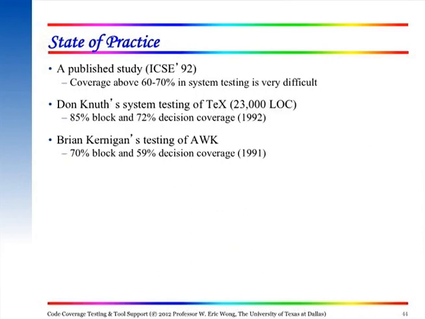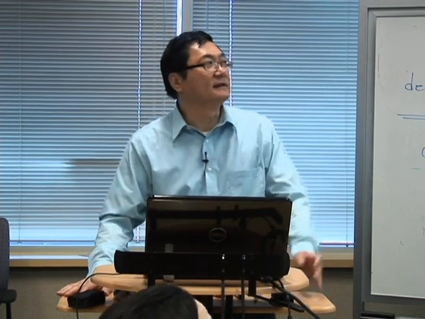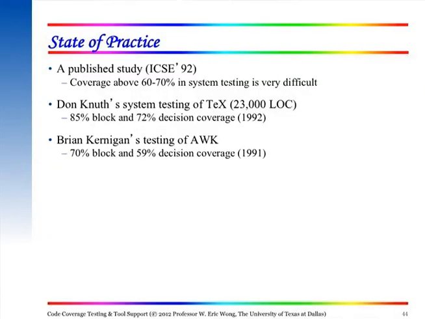So state of practice. Don't be surprised when you realize that the test cases you created for the first project only give you 50 or 60% statement coverage. So don't be surprised. Even the well-known studies only have 72, 70.